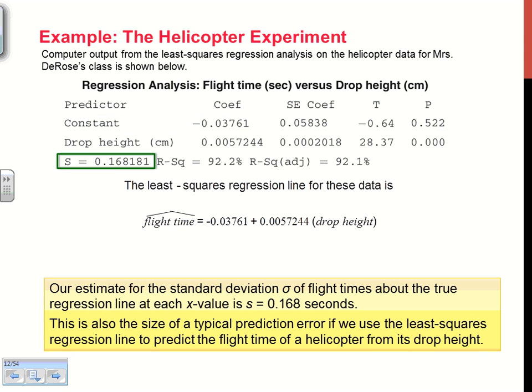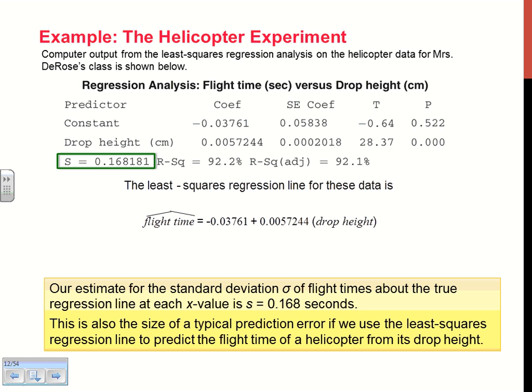Okay, so we've got our alpha and our beta, and now we want to find the standard deviation. Our estimate for the standard deviation, sigma, of flight times about the true regression line is that point. So here you can see the standard deviation of the residuals, S, is 0.168.